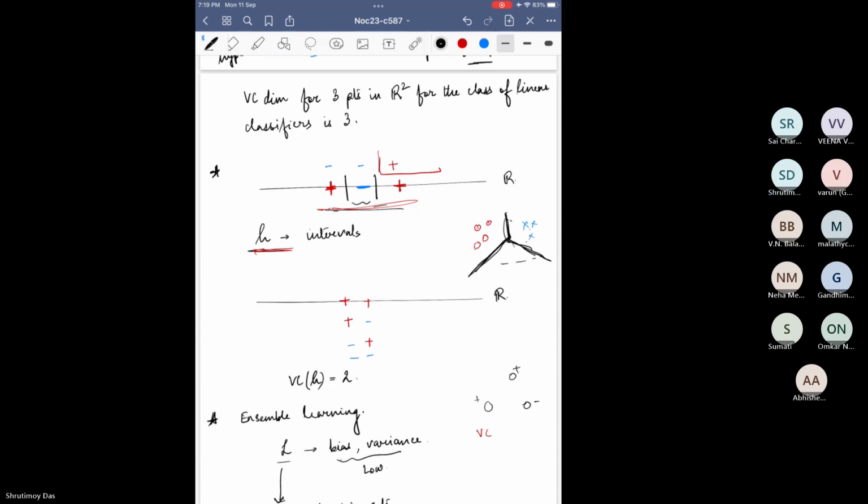So it depends on the number of points for which, for all possible combinations, it is possible to divide it into the different classes.